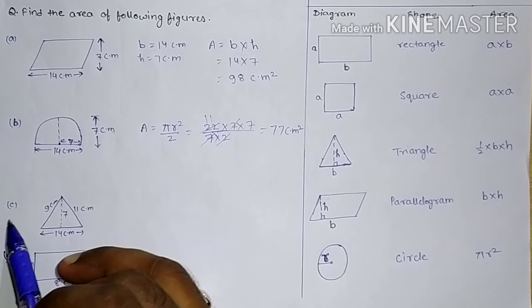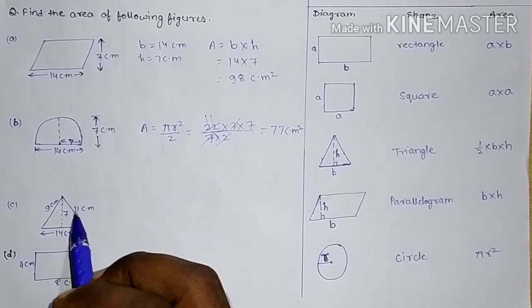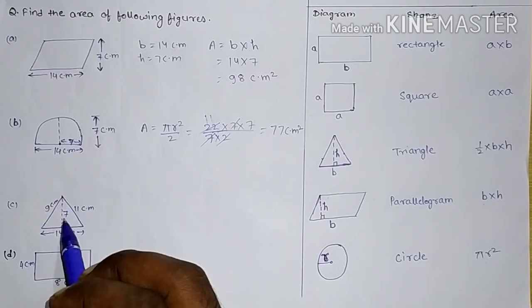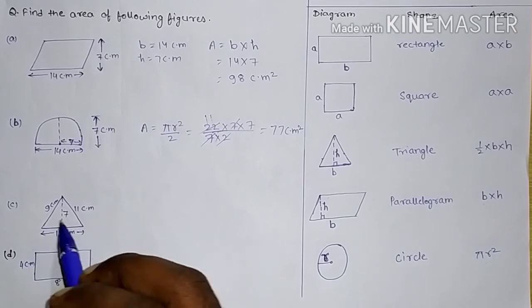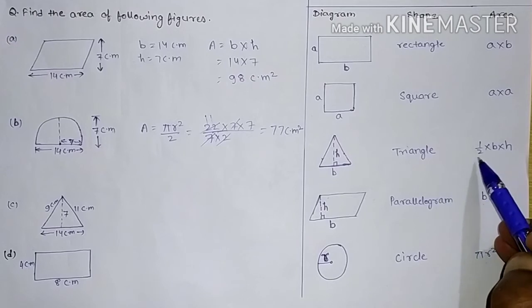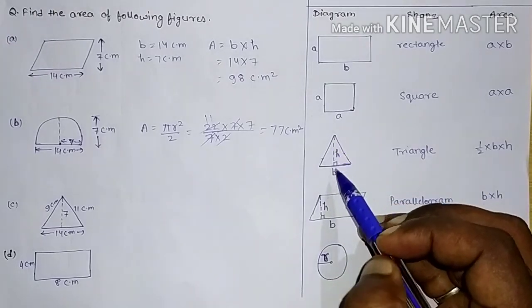Now the next one, that is question number C. A triangle is given here and all three sides are given and height is given 7 centimeter. We have to find the area of this triangle. The formula will be half into base into height. This is base and this is height.